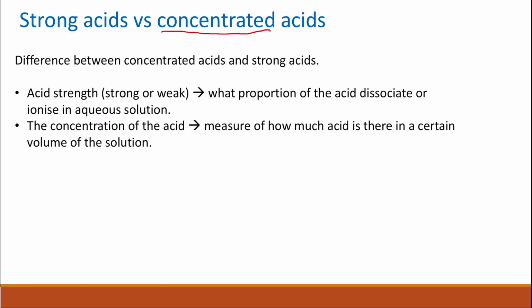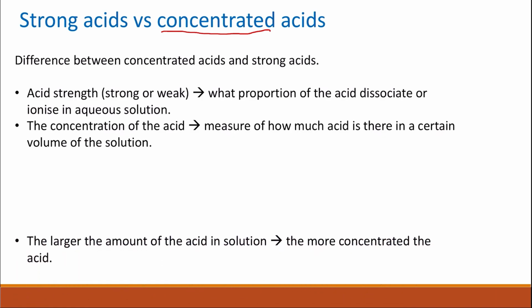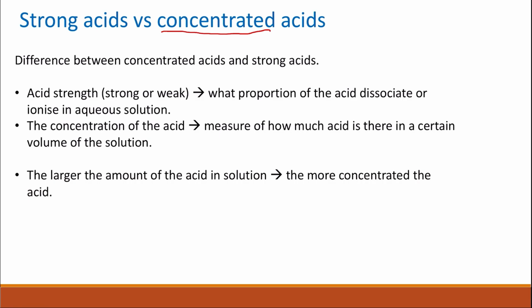They can also be weak and dilute, or weak and concentrated. The pH of any acid will decrease if the concentration of the acid increases, whether it's a weak or strong acid. So if you increase the concentration, then the pH will decrease because the hydrogen ion concentration in the solution will increase.